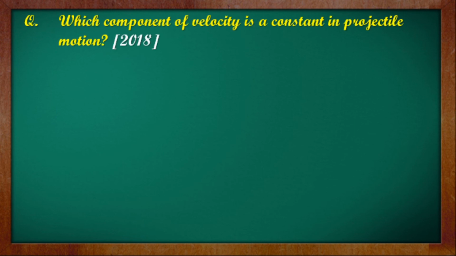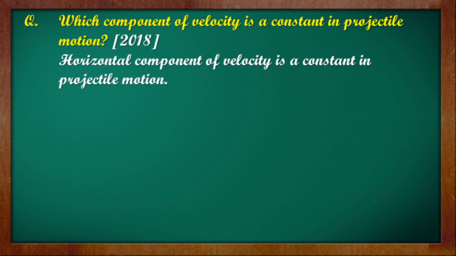Which component of velocity is constant in a projectile motion? This is a question from one of the exams, and the answer is the component along the horizontal. So the horizontal component of velocity remains constant in projectile motion. And why does it remain constant?